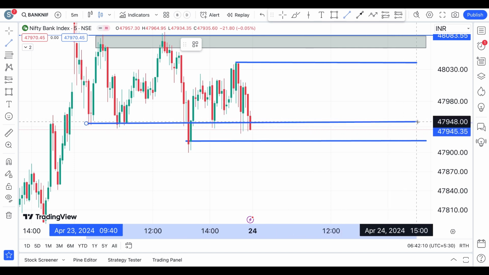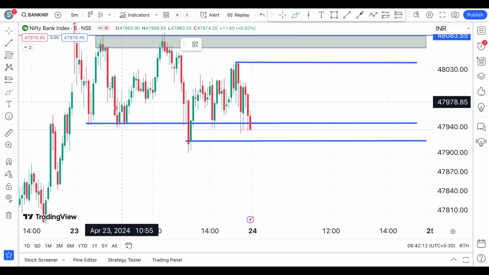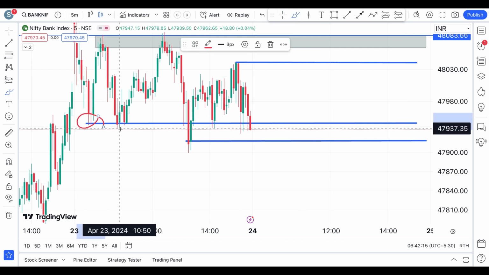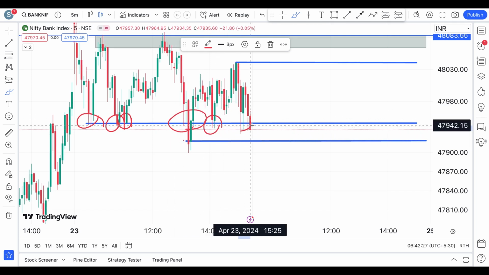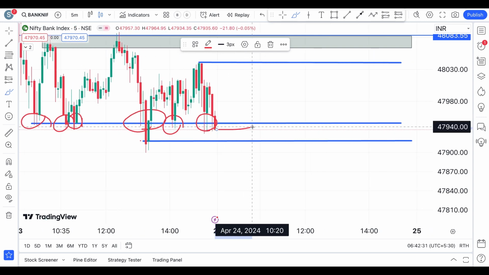You see how many times it has acted as a support for Bank Nifty. One, two, three. And it has a small breakdown, a false breakout, and then again it recovered. So it's four, five, and six, and almost into the close we have seen a close below that.